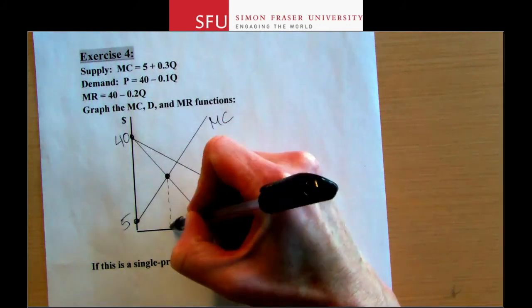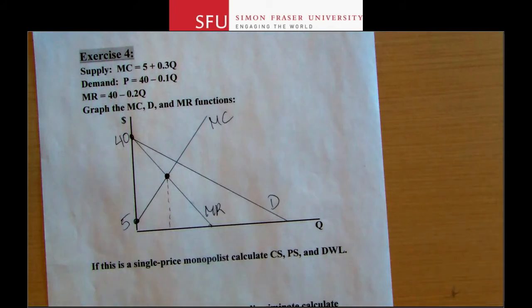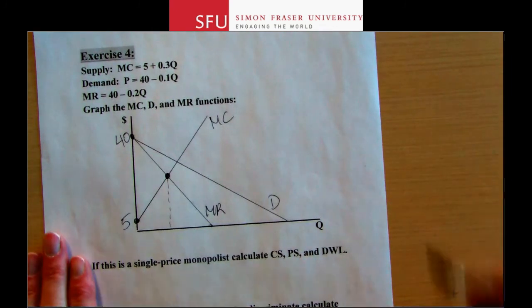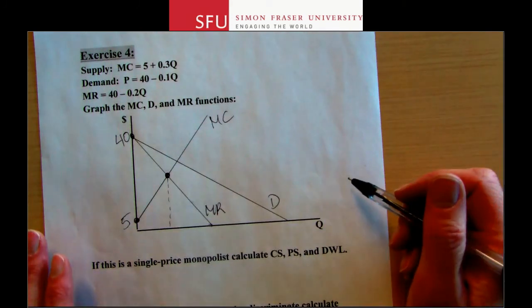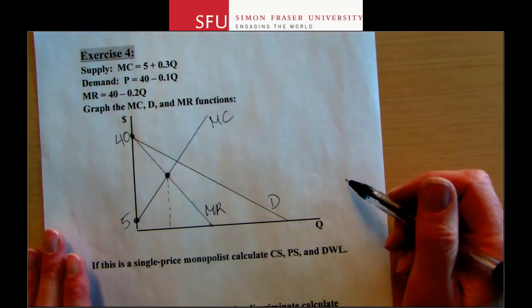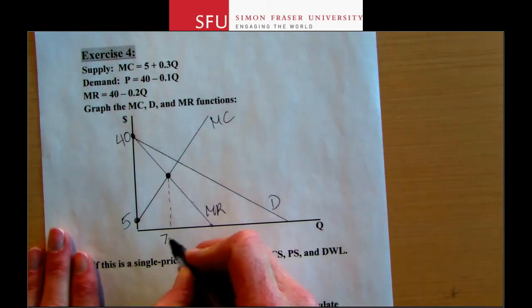So we need to figure out that quantity, which we might have already done. Yeah, okay, you know what, we already calculated some of this on page 11. We had the same functions on page 11. So, okay, that's good. So we know from page 11 that this quantity here is 70.